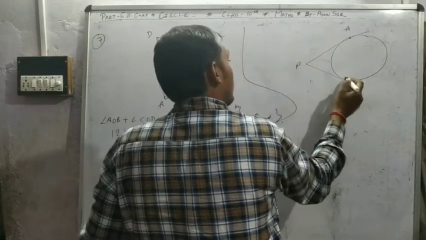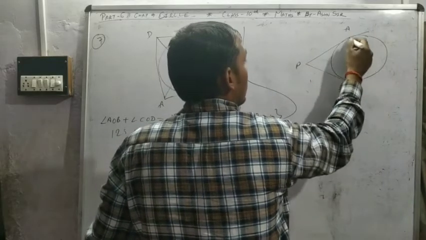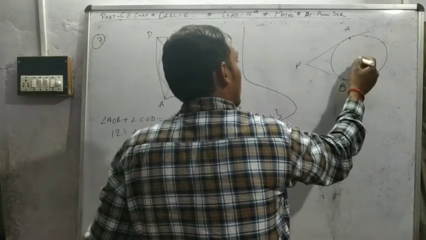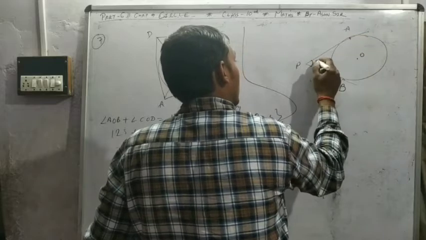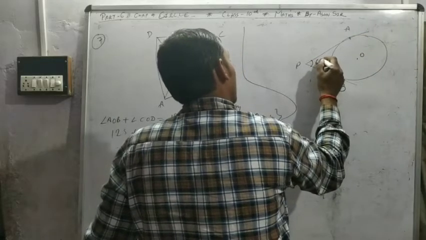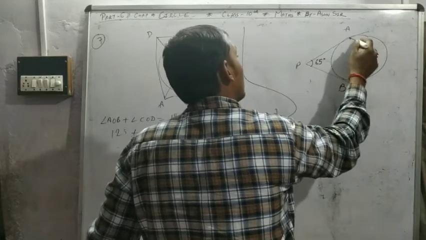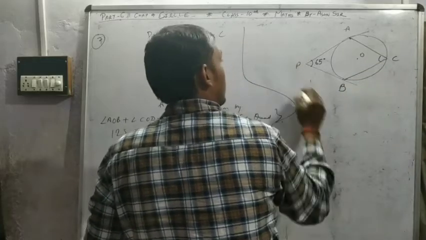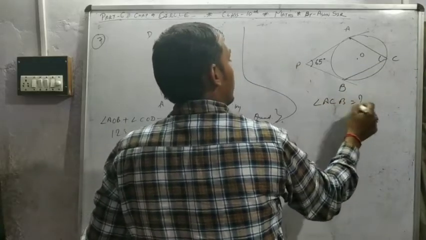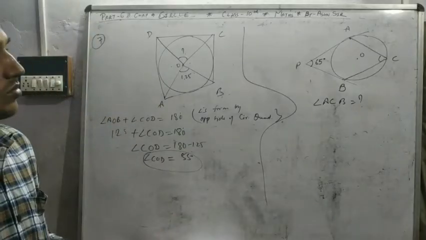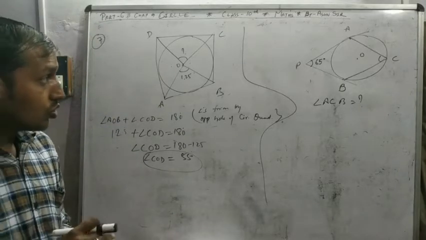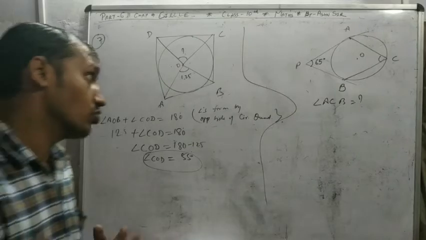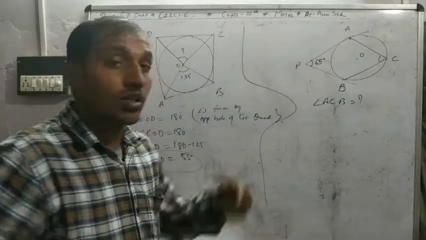A, P, B, 65 degree, angle ACB. Means without any wasting of time, we can say this is 65 degree, but how? We say 90 degree, but how?